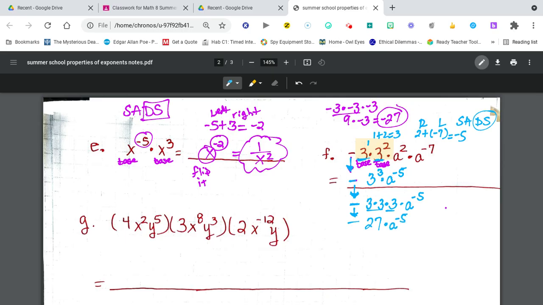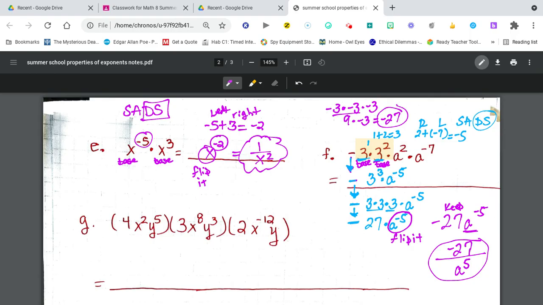But I still have a problem though. I have a problem because this a has a negative exponent, so I need to flip it. Well, you're saying flip it? Yeah, flip it. Well, flip it where? Well, you create a bottom and you keep the -27 on the top. And you flip this to the bottom and make your exponent positive, okay?